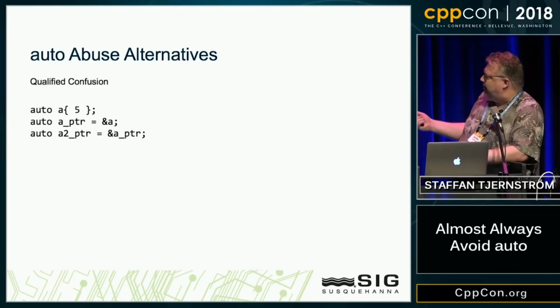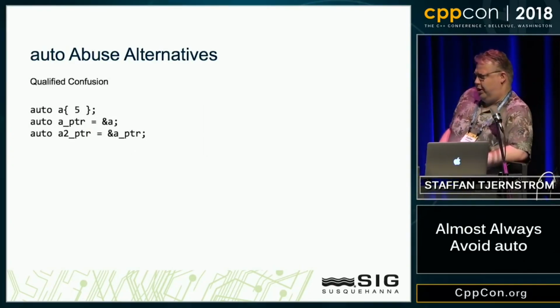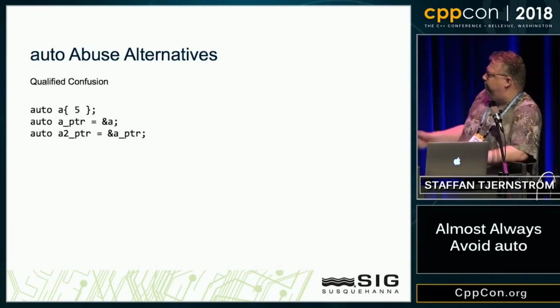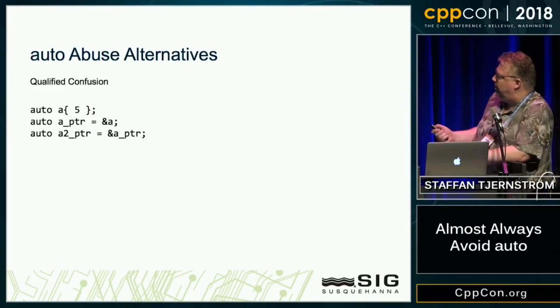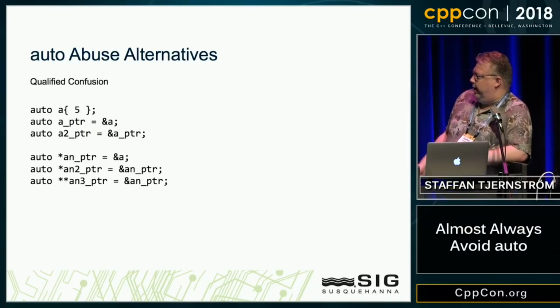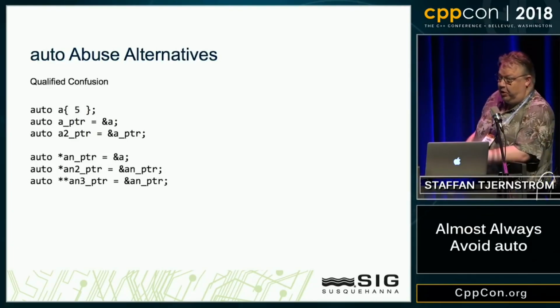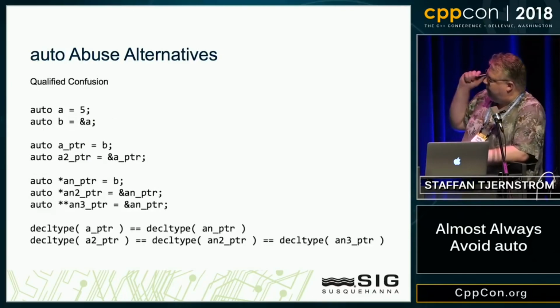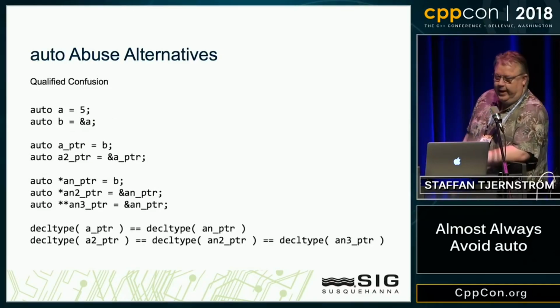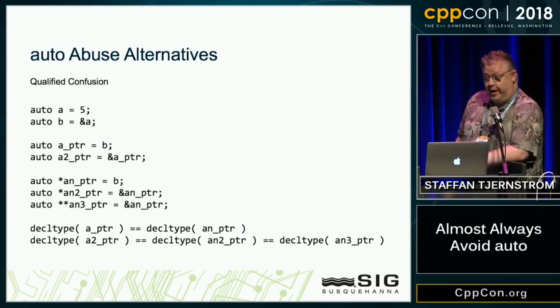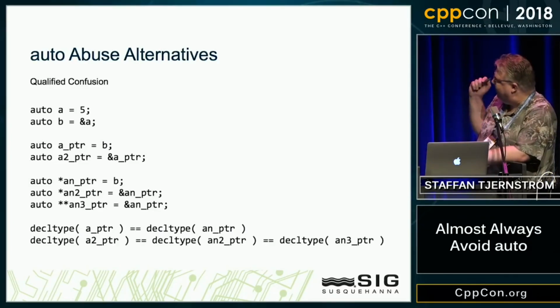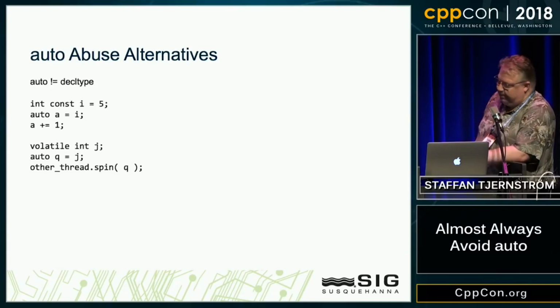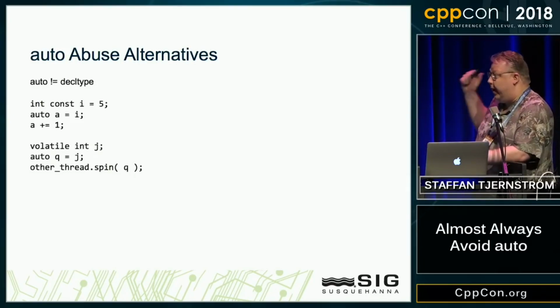Then again, there's the whole qualifier confusion in auto. So we have a few pointers. We could declare them visibly as pointers. And it doesn't actually matter how we declare them because they're all the same deduced type. Then, of course, there's people that believe that auto actually means what's on the right-hand side.